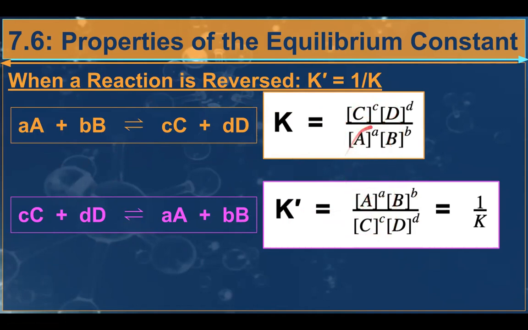So if we flip this, we could also just flip the value of K. The inverse of K is going to be 1 over K. Therefore, our new K, K prime, which is just an adjusted K from whatever our original reaction is, is going to be equal to this, just inverted, and therefore equal to the original equilibrium constant, also inverted. So 1 over K.